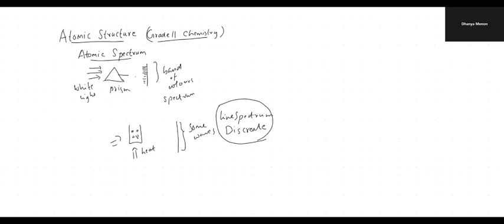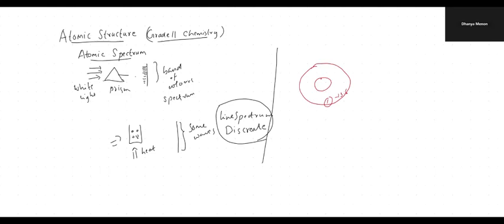Now Bohr could explain this discrete spectrum or line spectrum. This was the explanation. Now, in the last video, we saw the energy of different energy levels, right? This was the first shell, and it had the lowest energy, minus 13.6 electron volts.